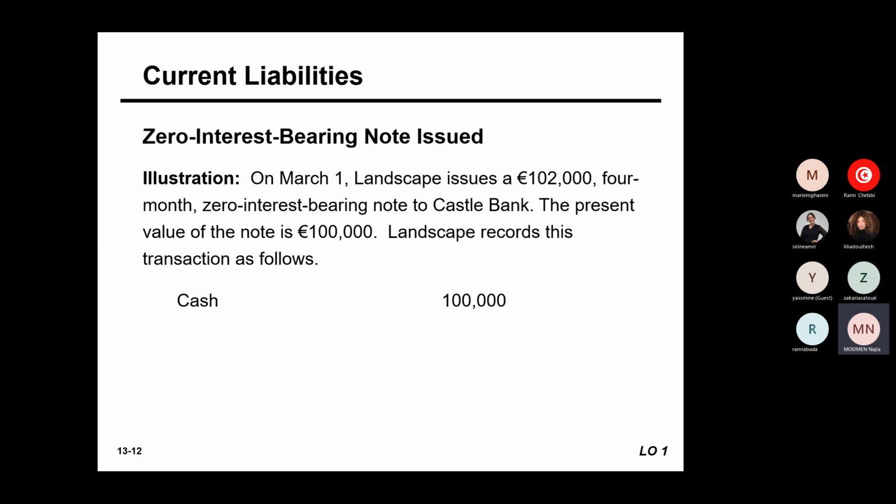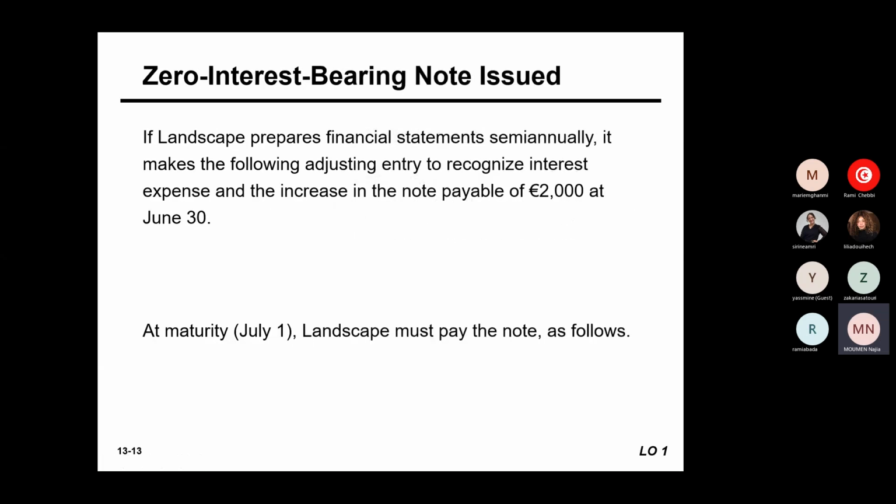So I will debit cash for only the present value, and credit notes payable for the same 100,000. And then I should increase the notes payable account by the 2,000 of interest, to be able to meet the face value of 102,000 at maturity date.